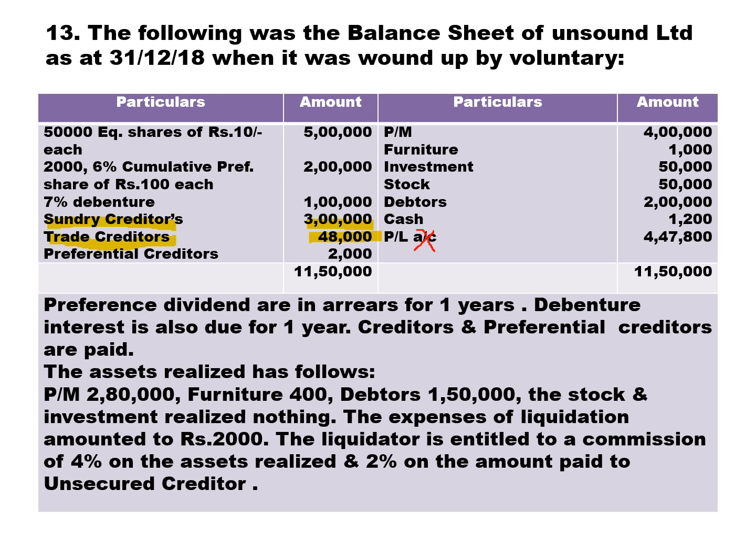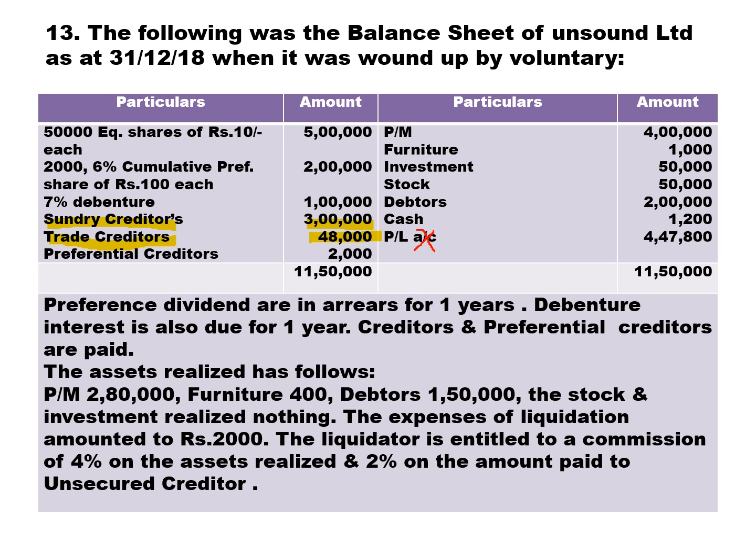The expenses of liquidation amounted to rupees 2,000. Liquidator is entitled to a commission of 4% on the assets realized, and 2% on the amount paid to unsecured creditors. So liquidator remuneration is calculated at 4% on assets realized and 2% on amount paid to unsecured creditors.